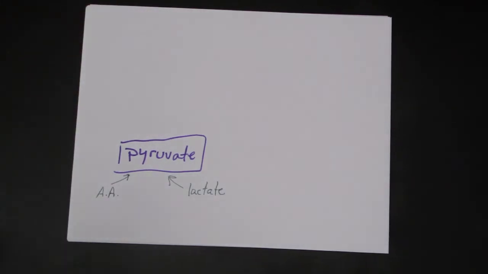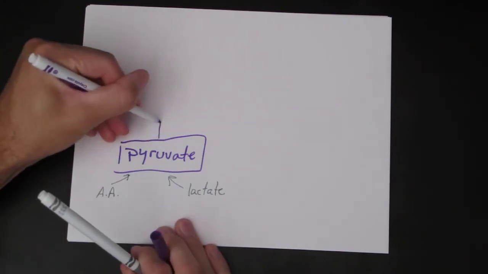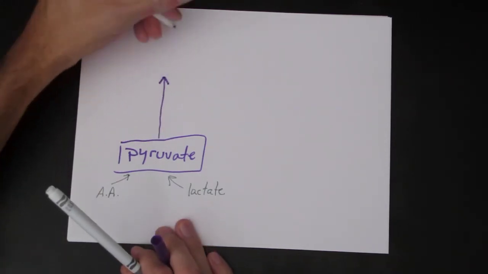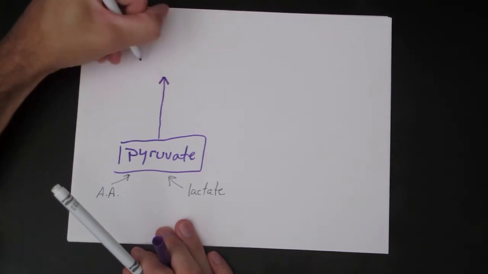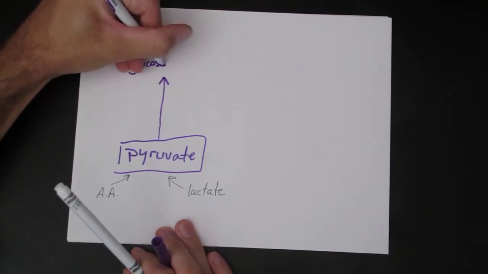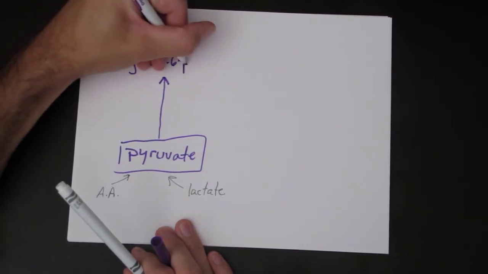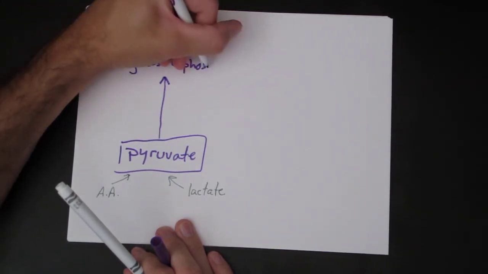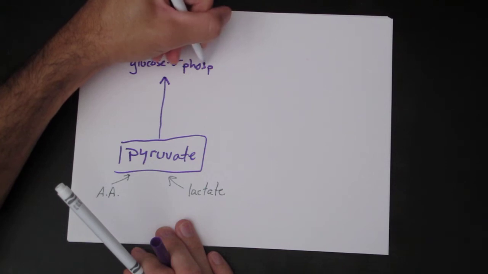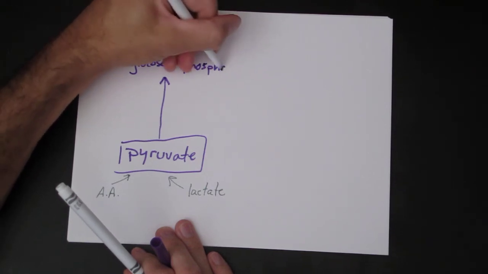We know that if we reverse what we've been learning about in this unit of study, pyruvate can be converted back into glucose 6-phosphate. Remember, that's the first intermediary in glycolysis.